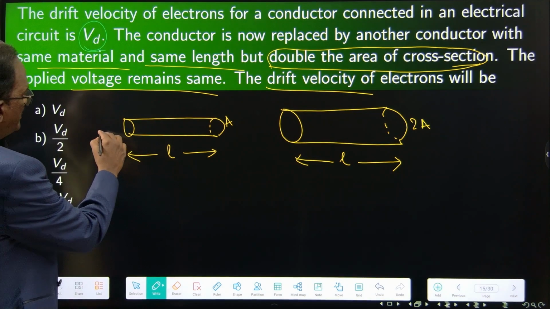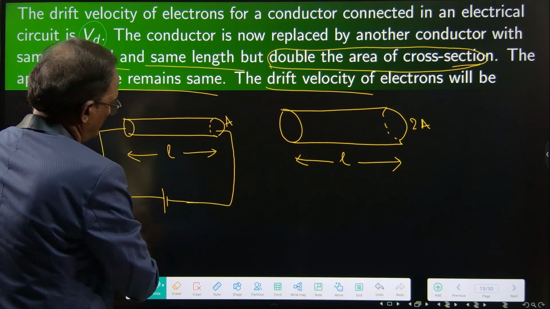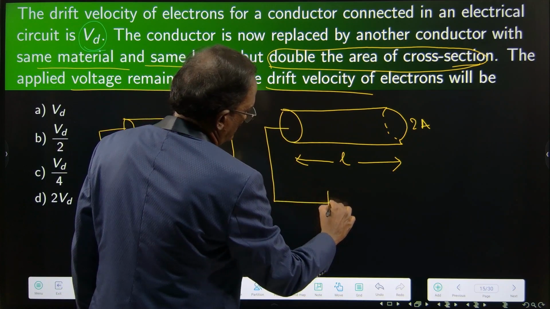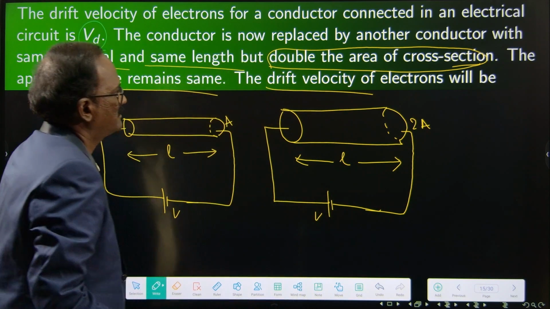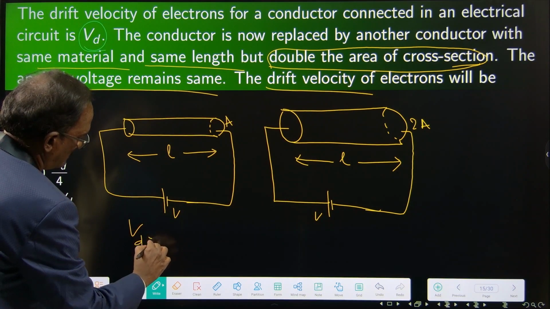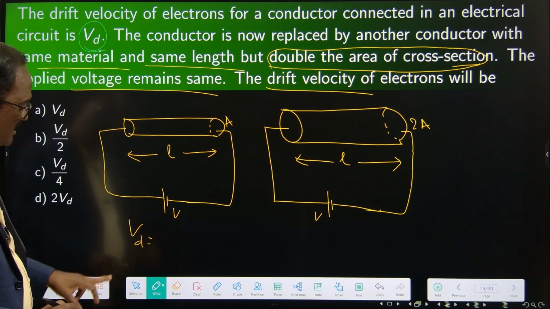The applied voltage remains same, V. Same voltage we are giving for this conductor. For the first conductor, the drift velocity is VD.